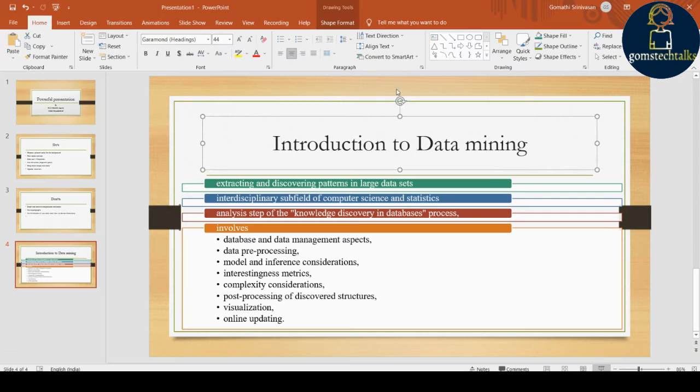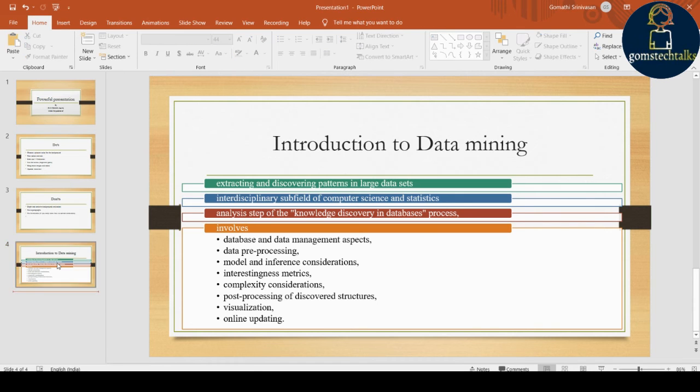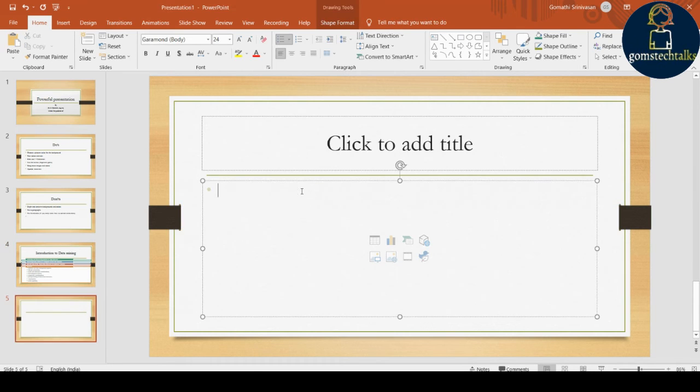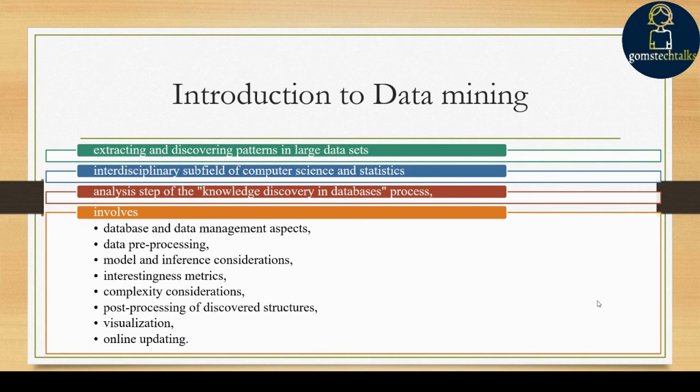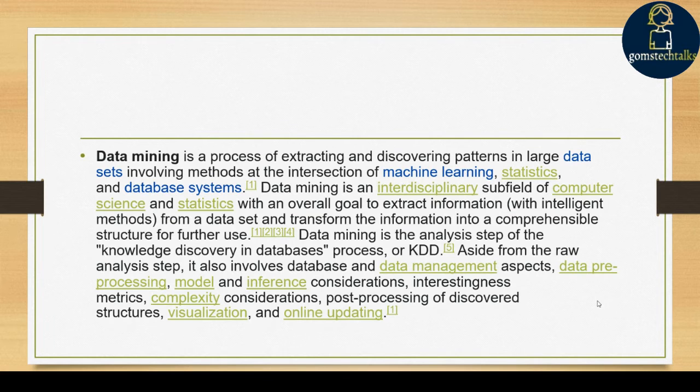If you make it as a paragraph, just see the difference. Look at these two, whether this one is fine or this one is fine. Of course, if it is in a paragraph, you will read it completely, even though you know the concept.